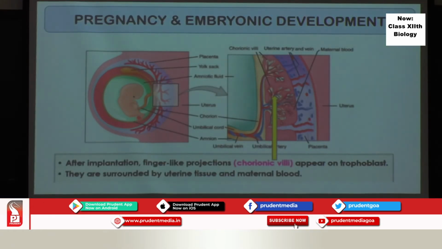So the finger-like projections, something like this, if you can see here, are occurring from the trophoblast, and these chorionic villi are surrounded by the uterine tissue and the maternal blood. Maternal blood is the mother's blood.